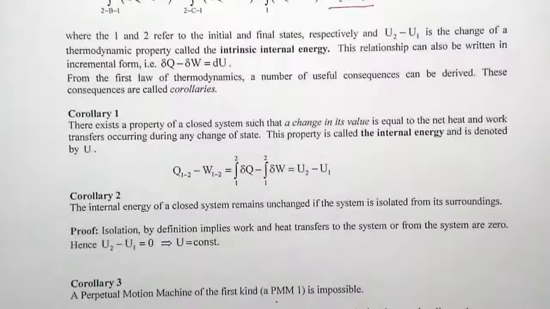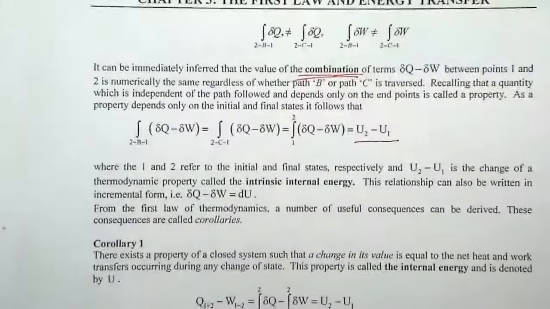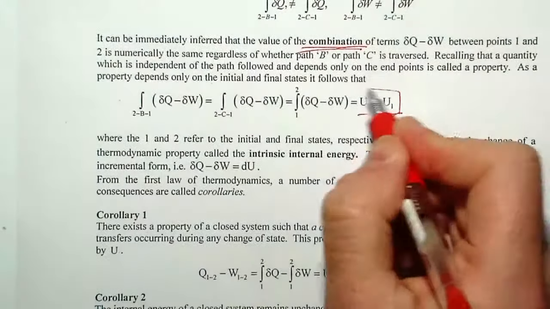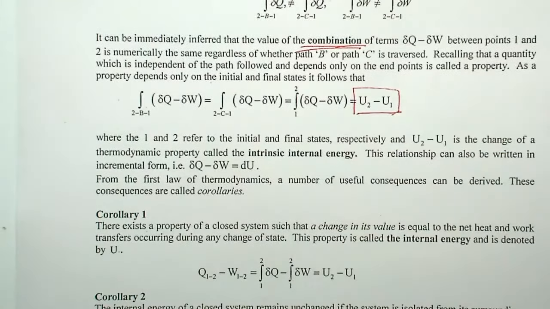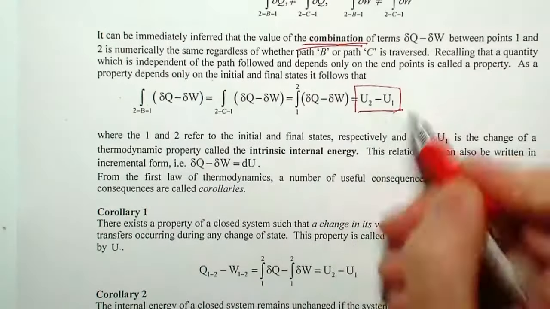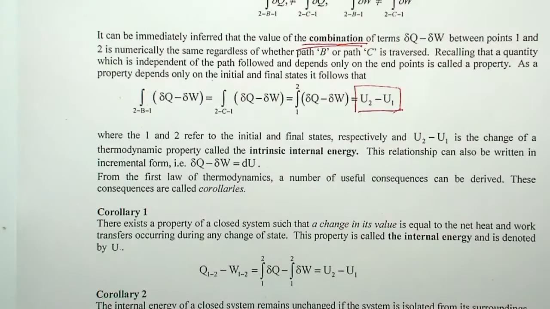And mathematically, this is where we define this one. Again, subscript 1 and 2 represent the initial and the final states. So you always start with state 1 and you end up in state 2. And if it's a cycle, then obviously you come back to state 1 eventually.